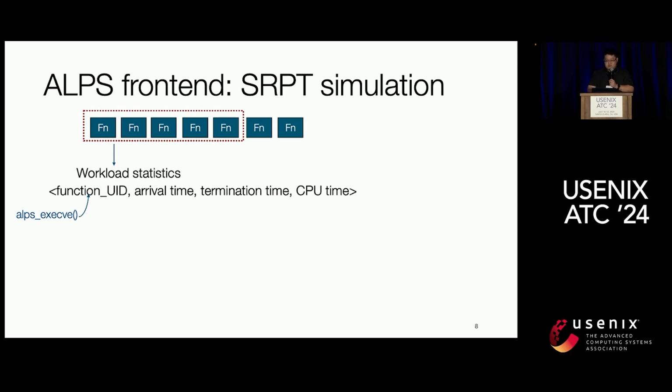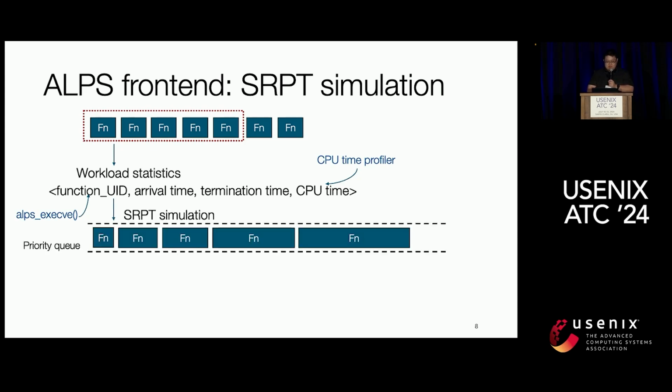This new syscall does nothing but allow users to transfer the function UID from user space to kernel space. Therefore, eBPF maps and functions can identify the function UID in the kernel to apply customized scheduling policies for different types of functions. And the CPU time is also profiled by the profiler developed with eBPF.